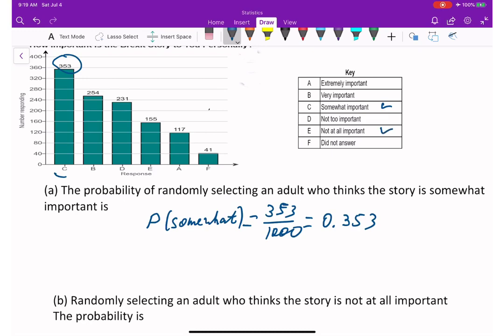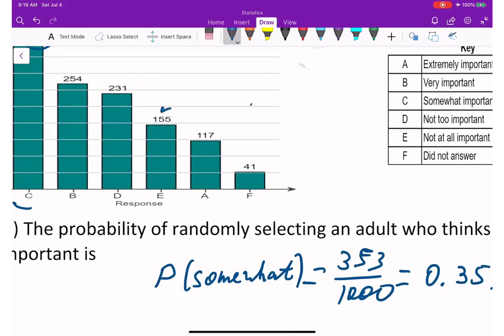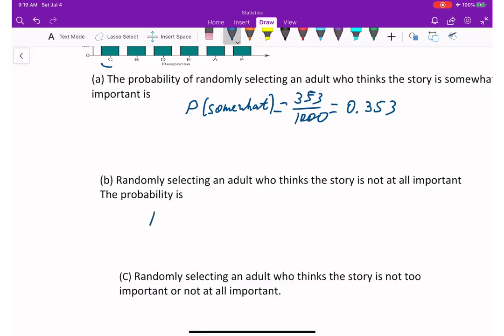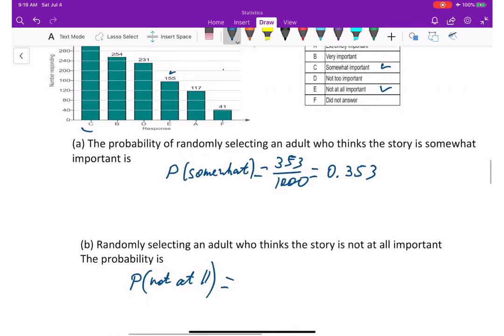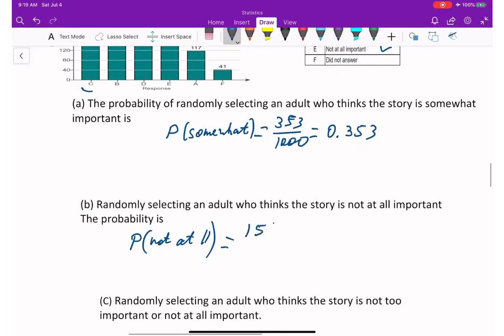Here it is, which is E, and we have 155. So in this case, not at all important is going to be 155 over 1,000, 0.155.